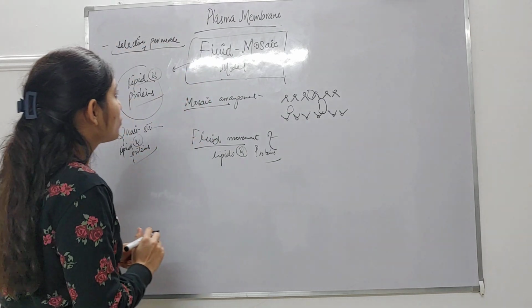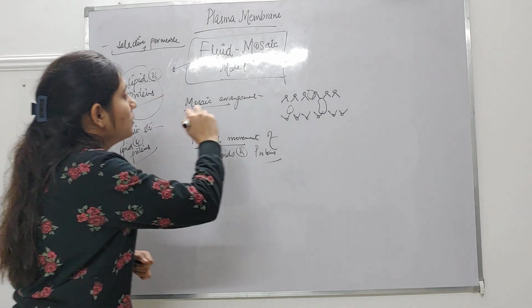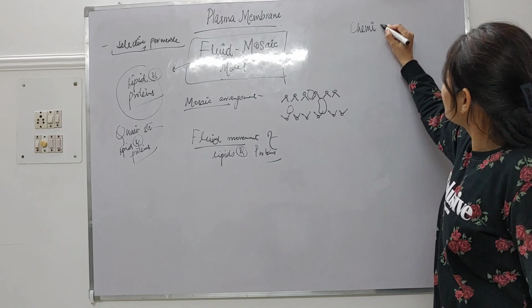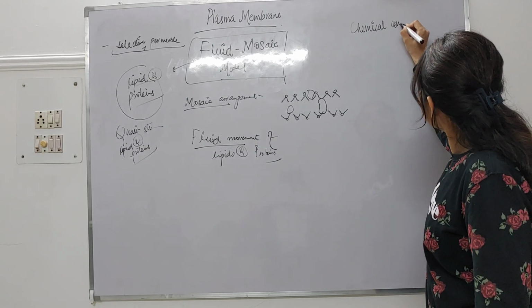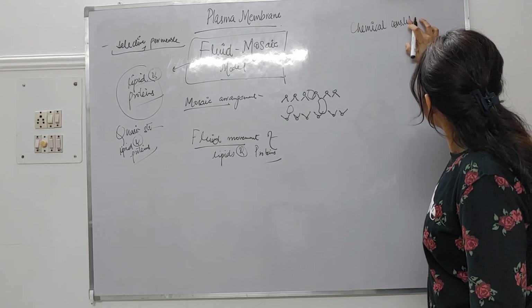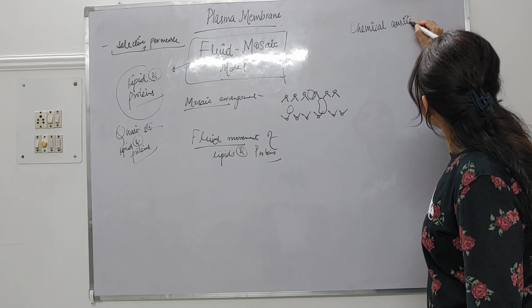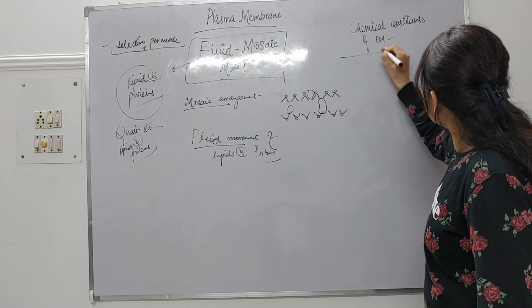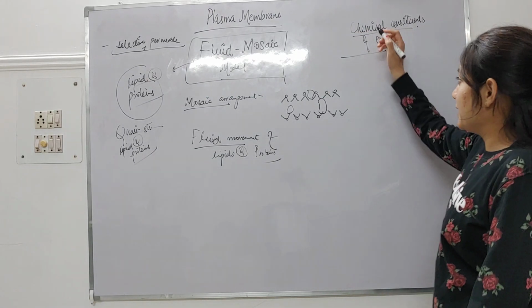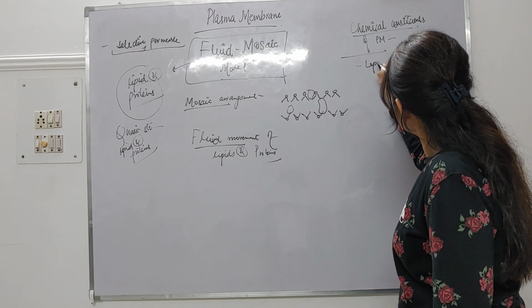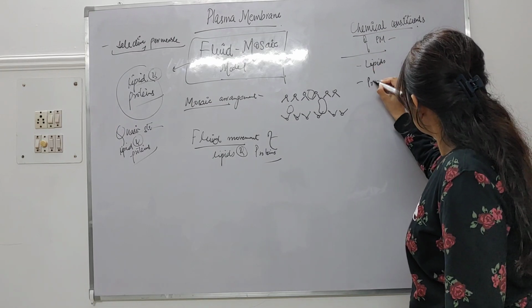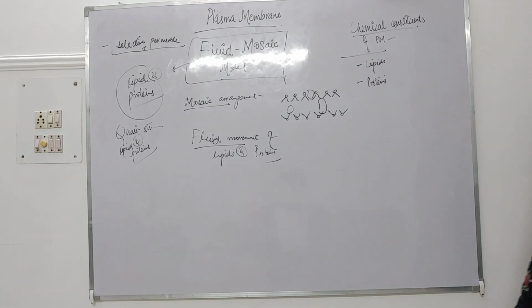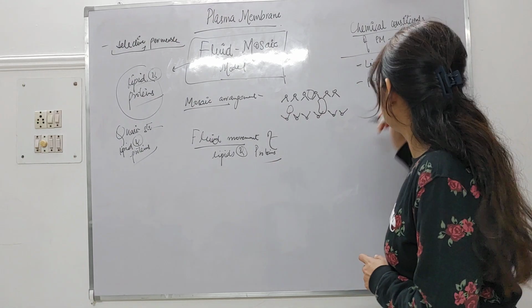The next is the chemical constituents of plasma membrane. It is mainly made up of lipids and proteins, and the ratio of lipids and proteins varies according to the cell type.